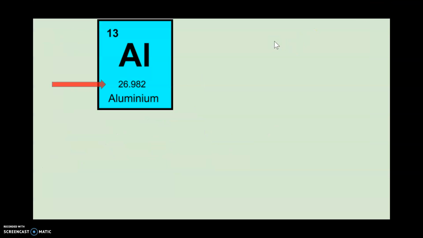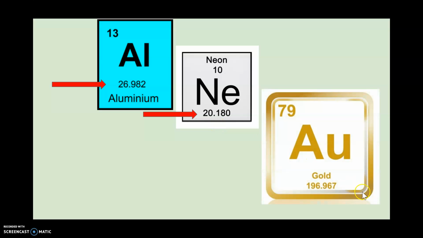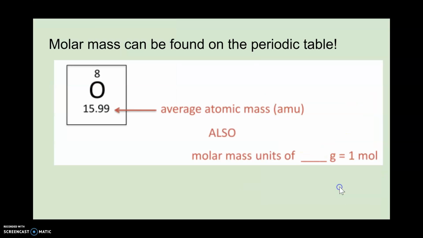Okay, so let's look at this. So here's aluminum. That right there is the, what is that? That's right, that's the mass number. Okay, here's neon. Look at it, what's the mass number? Fantastic, it's 20.18. Oh, there's gold. What's that mass number? You're right, 196.97 grams is our unit there.